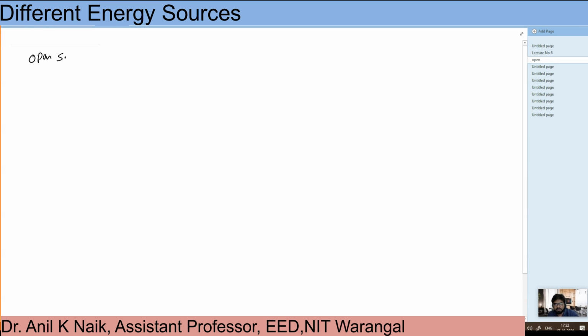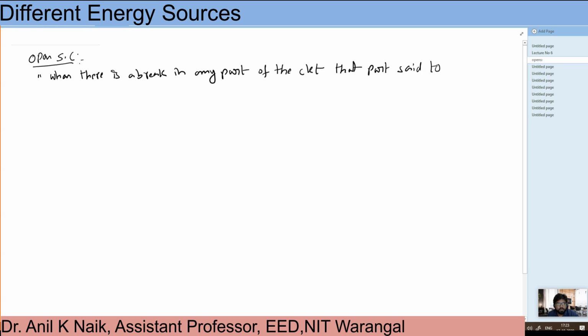So let us consider the open circuit. The definition of an open circuit is: when there is a break in any part of the circuit, that part is said to be open circuited.